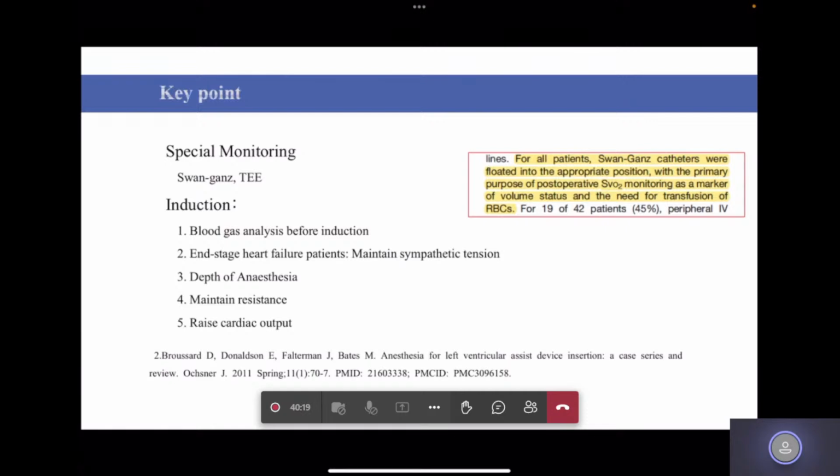Another important thing is that blood gas analysis before induction is important. In end-stage heart failure patients, the maintenance of sympathetic tone is also needed.